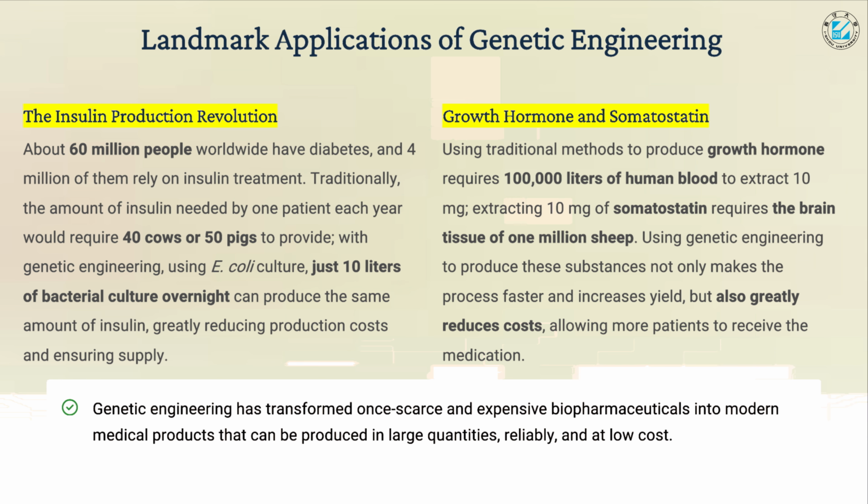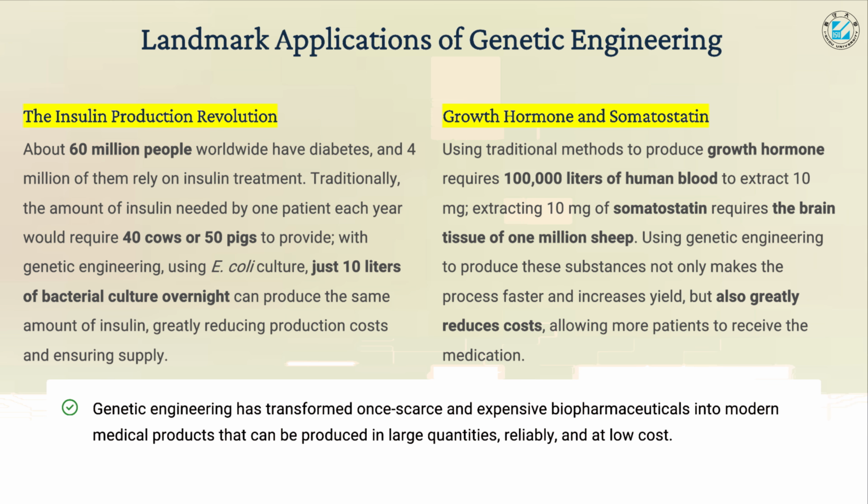One of the most famous examples is insulin production. In the past, insulin was extracted from the pancreases of cows or pigs. One patient's annual insulin requirement could require many animals. This was inefficient, expensive, and sometimes caused immune responses.